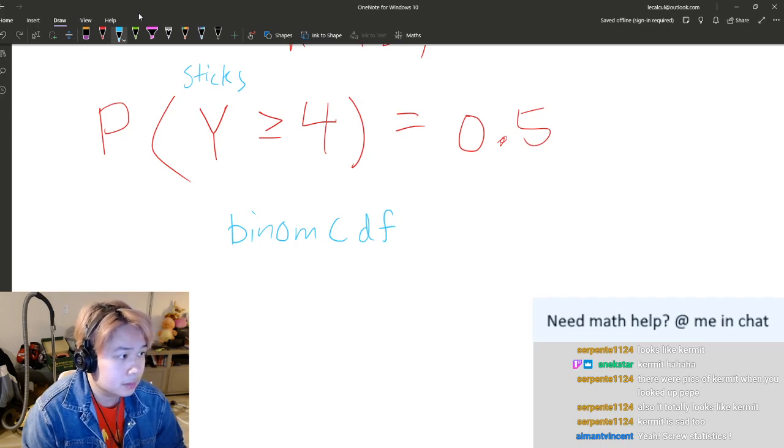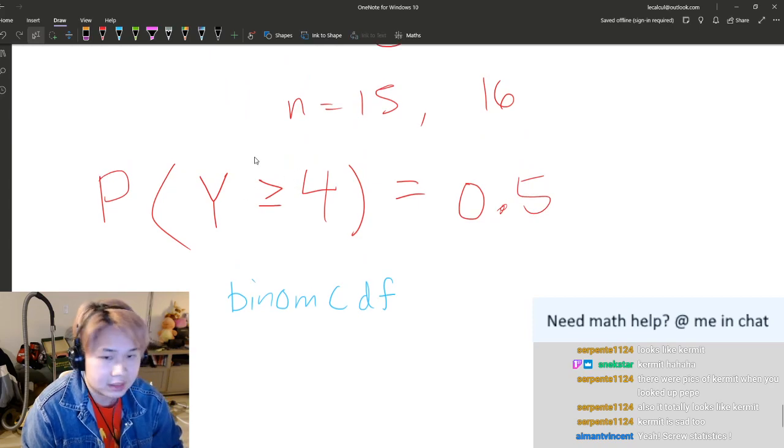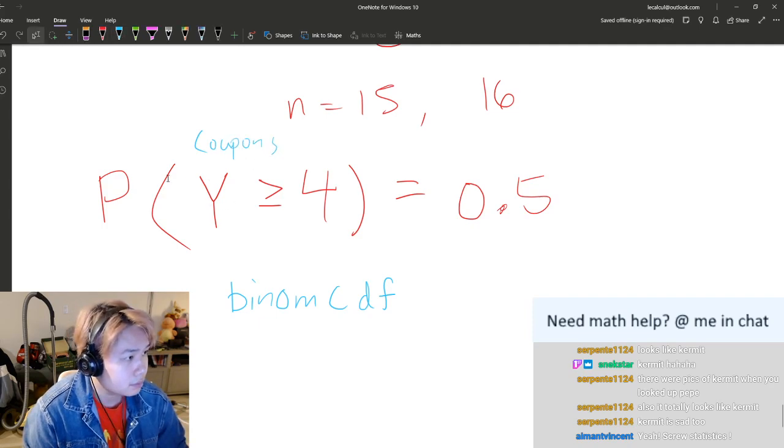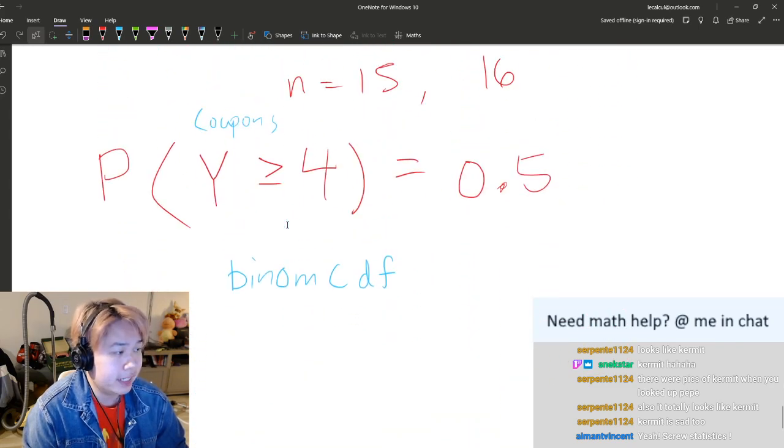You know, take the probability of him getting four coupons in 4 ice cream sticks, you add that to the probability of him getting 4 coupons in 5 ice cream sticks, and then we add those all up until it's 0.5.